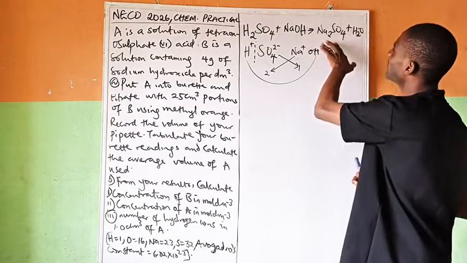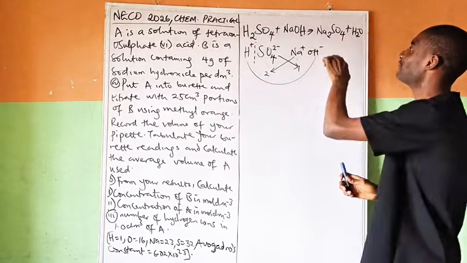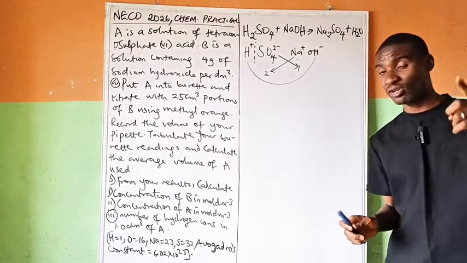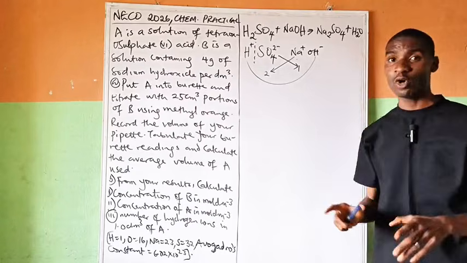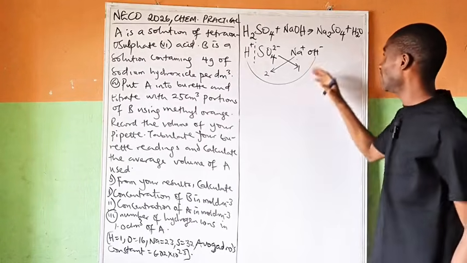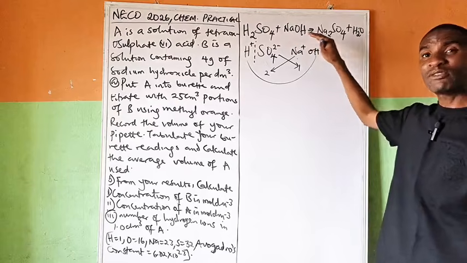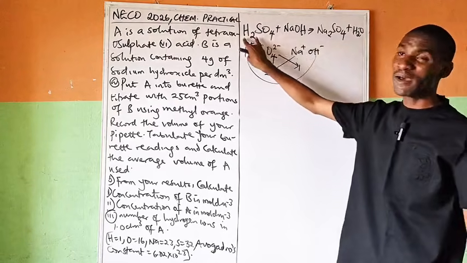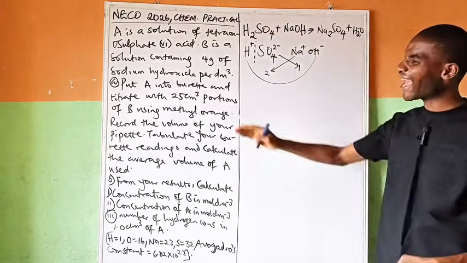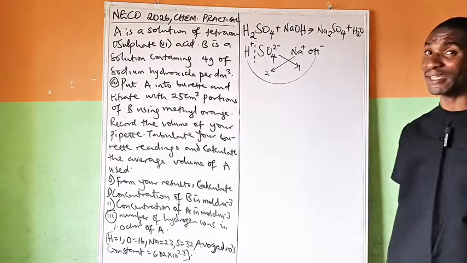Mind you, if this product is not correctly written, if you write NaSO4 here, you are wrong. A lot of students will write NaSO4. There is nothing like NaSO4. It is Na2SO4. And if you wrote NaSO4, your equation will not be balanced. The number of moles of acid and base will be wrong, and everything you have calculated will be wrong.